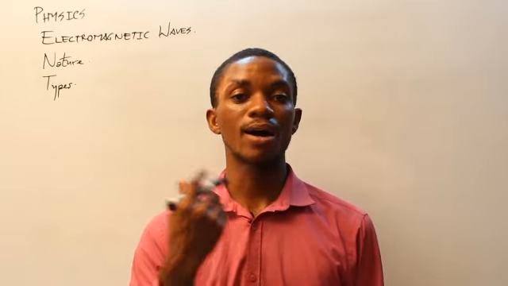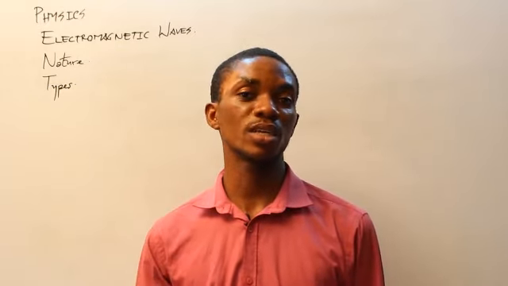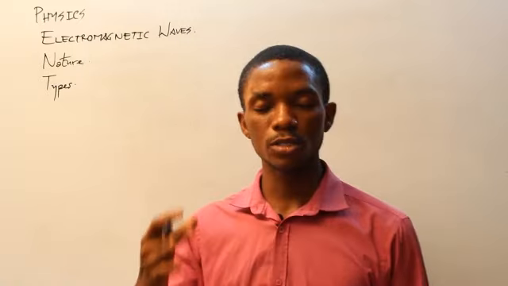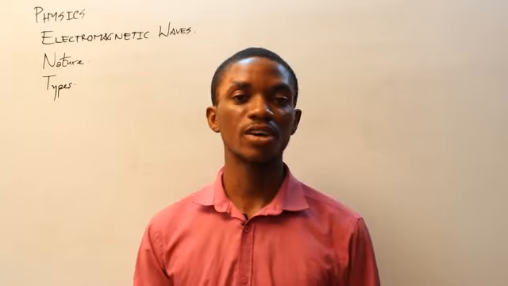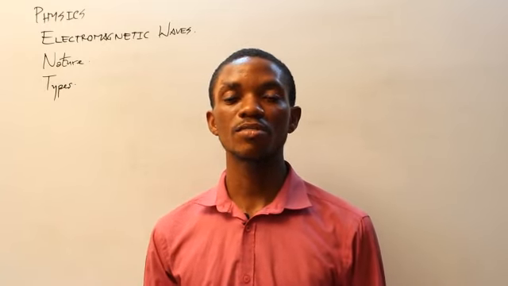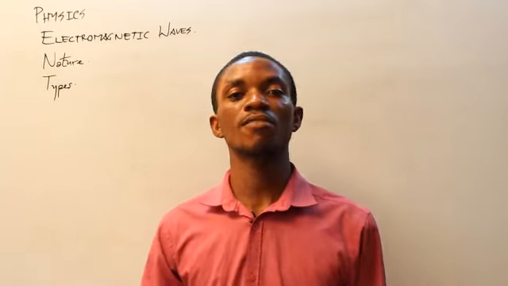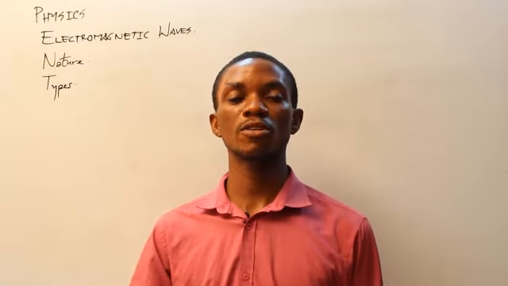This is within our normal eyesight, what we can see with our eyes. Also, we talked about the ultraviolet waves. We said that they are just after the violet, and they have wavelengths of about 10 raised to the power minus 8.